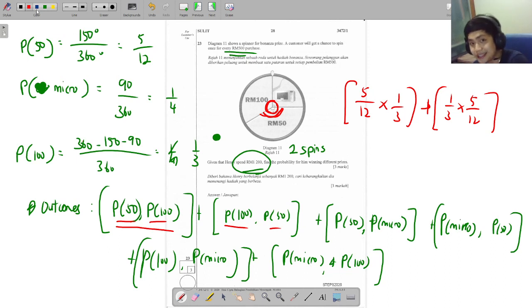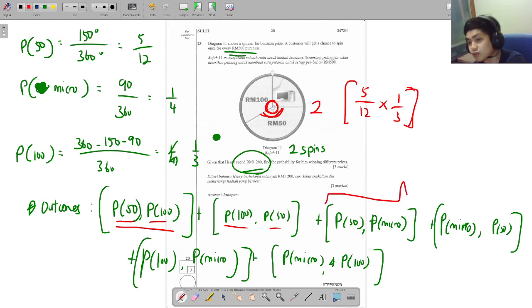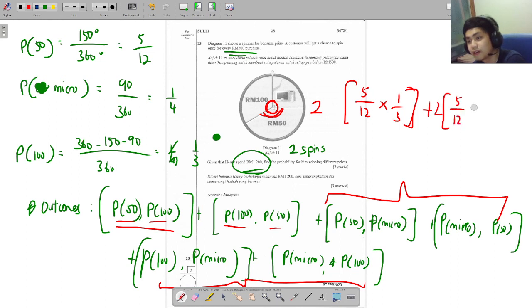So instead of writing the same thing twice, I can just multiply it by 2. So it will be plus, probability of 50 is 5 over 12, probability of the microwave is 1 over 4, and the last one is 2 times the probability of getting 100 ringgit, 1 over 3, and the probability of getting a microwave, 1 over 4, right?